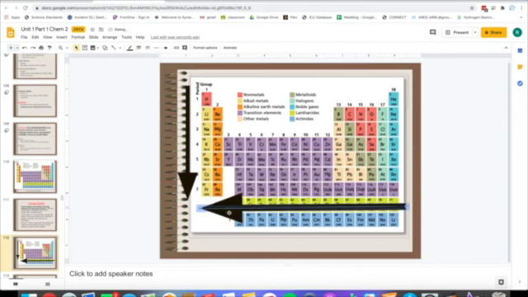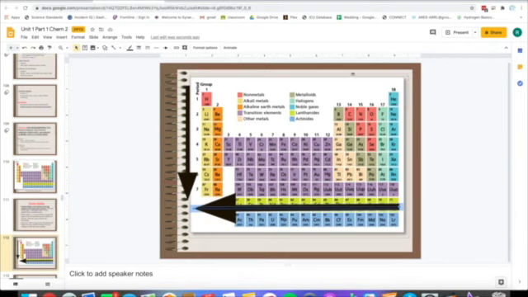So basically what that's saying is francium right here in this corner is the element that has the biggest radius. So it is the fattest element. That also means that helium is going to be your smallest one because it's in the opposite corner.